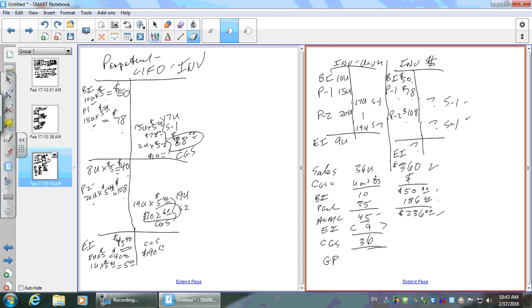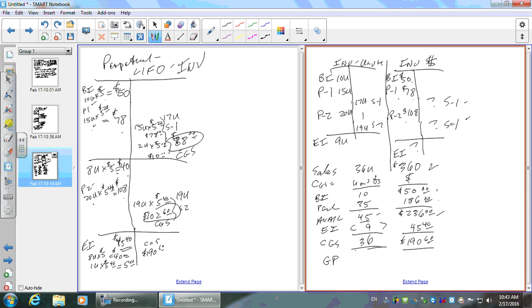All right. What is our ending inventory we just calculated? 45.40. Okay. What was our cost of goods sold? The difference between those, 190.60. Oh, what will my gross profit be? 360 less 190.60.